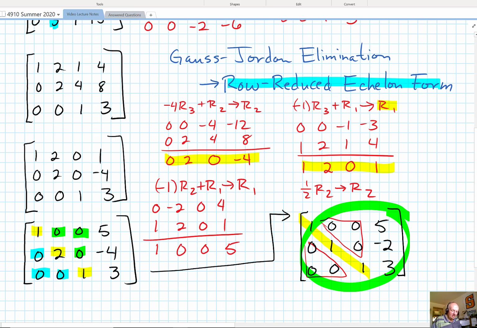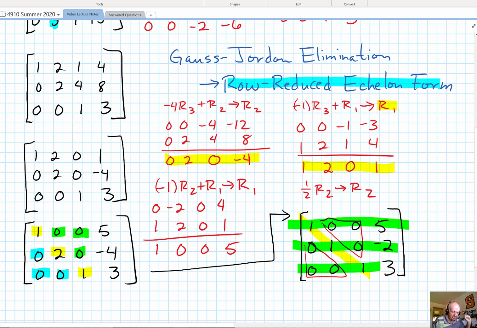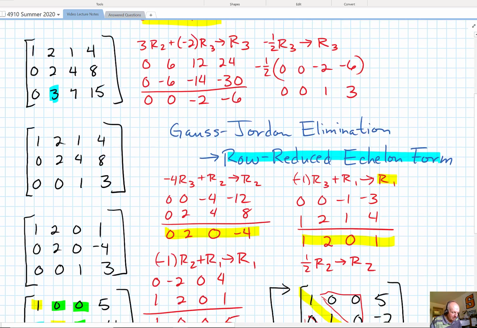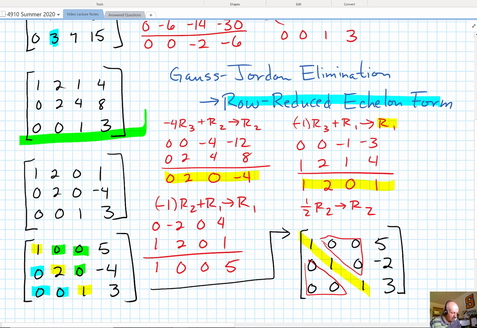I could put this matrix in row reduced echelon form. Somebody else could put it in row reduced echelon form, and we would all end up here. As opposed to, like I said earlier, when we just went into echelon form, everybody's going to end up with something different if they use different elementary row operations.